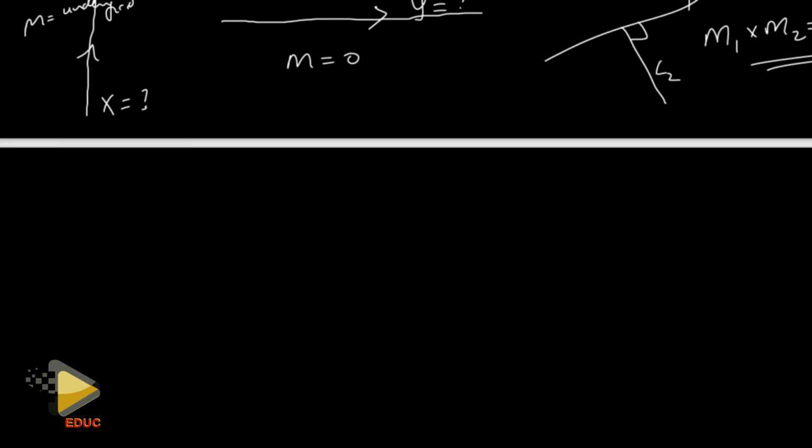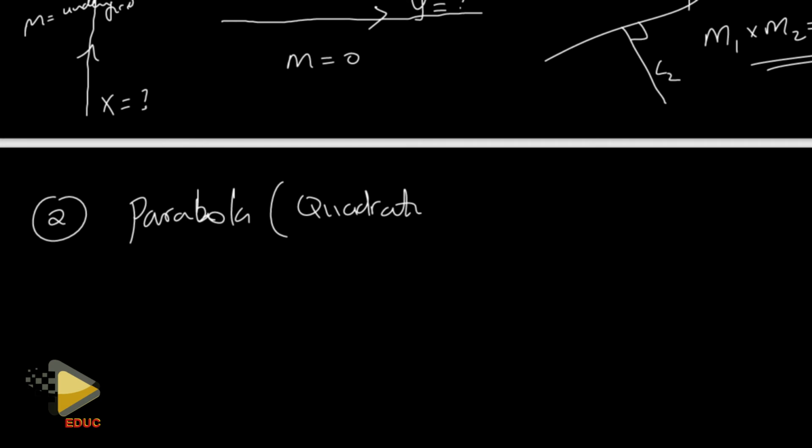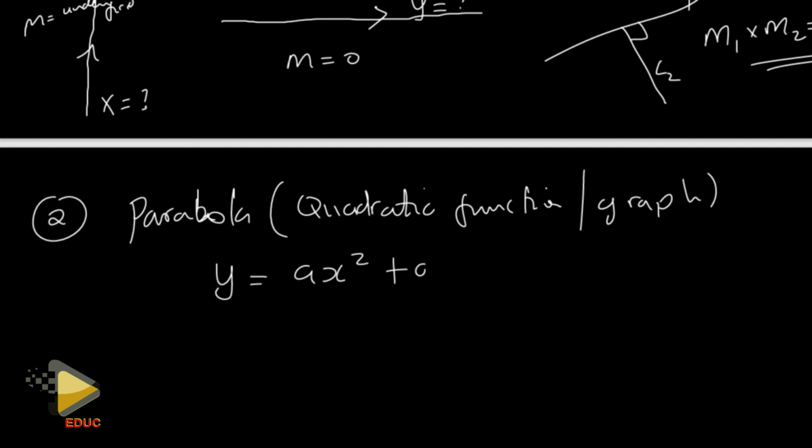Then the second function that we look at, or the second graph, is what we call the parabola. Okay, parabola is the first time grade 10s are looking at it. This is also known as the quadratic function. Quadratic function or the quadratic graph. So the general equation in grade 10 is ax squared plus q.